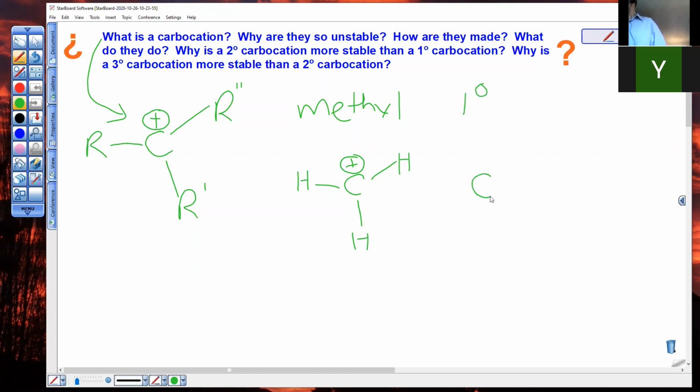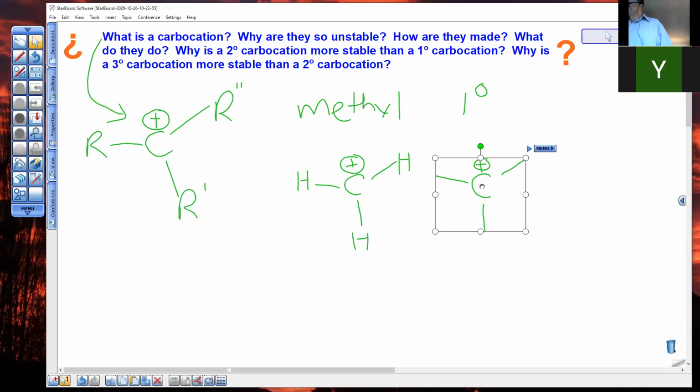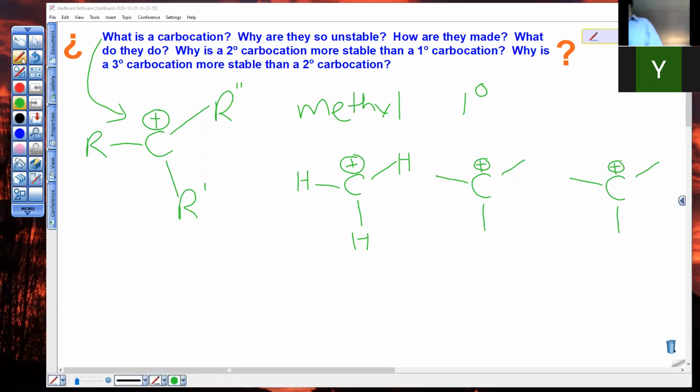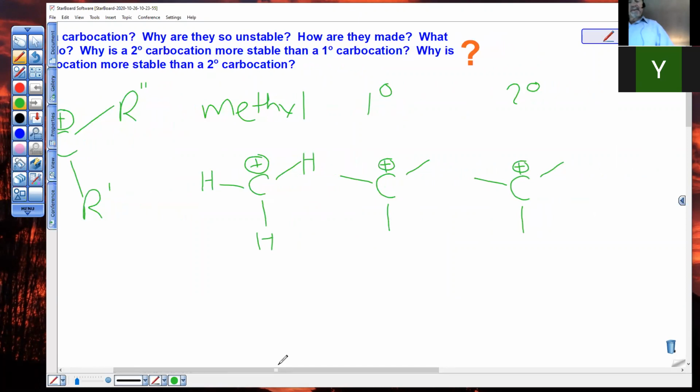A primary carbocation. Let's try to do this so I don't have to keep doing the same thing over and over again. Good. We're going to have a secondary carbocation here. And yes, you guessed it, we'll have a tertiary carbocation over here. So some kind of carbon group here and a hydrogen and a hydrogen.